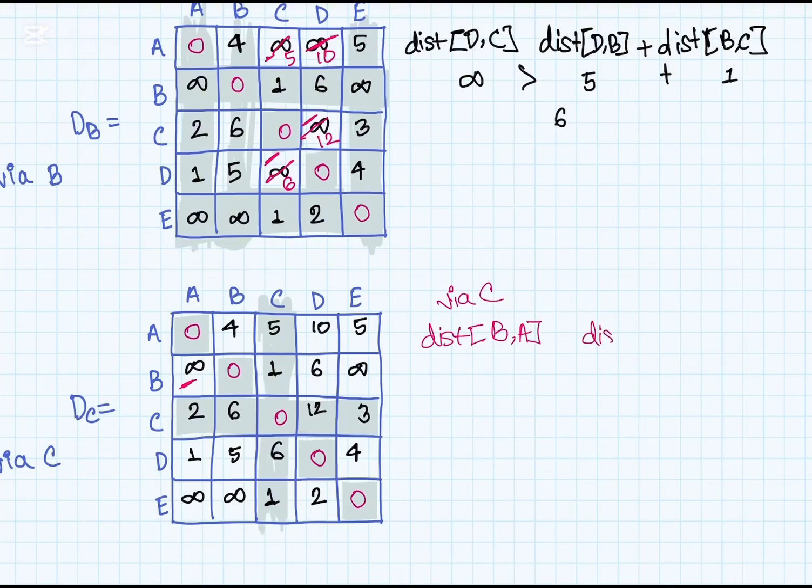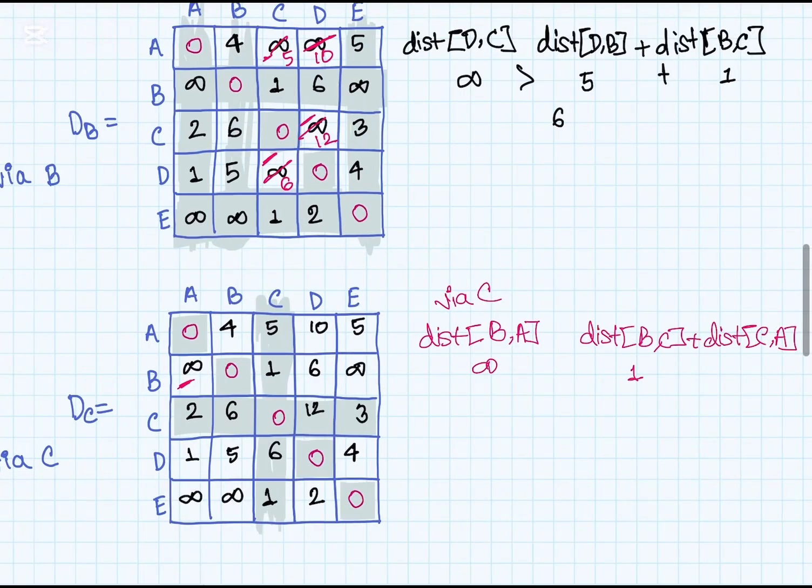So dist of B comma C plus dist of C comma A. The distance of B comma A is infinity. The distance of B comma C is 1 and the distance of C comma A is 2. So infinity is greater than 3. So let's update the value from infinity to 3.